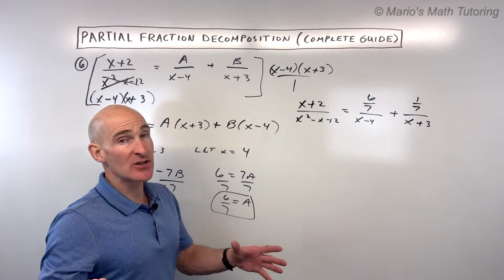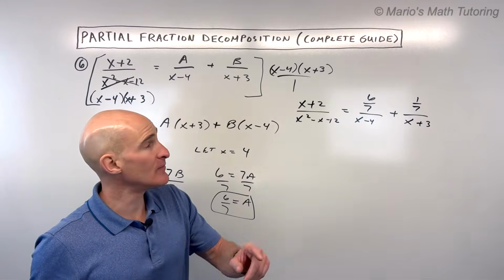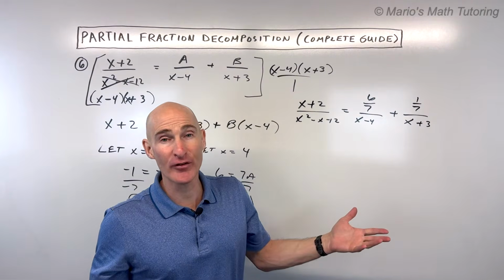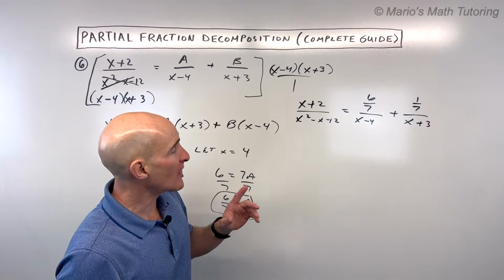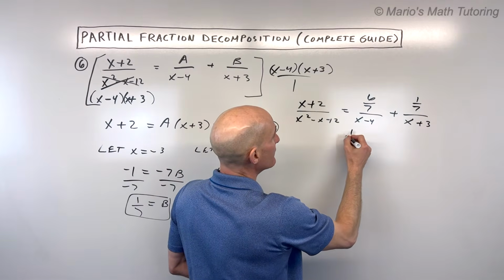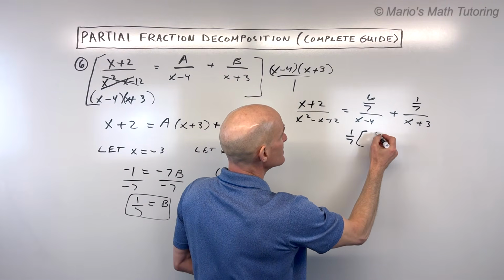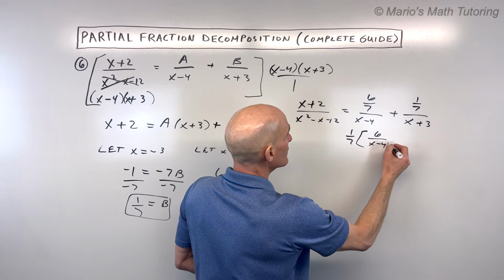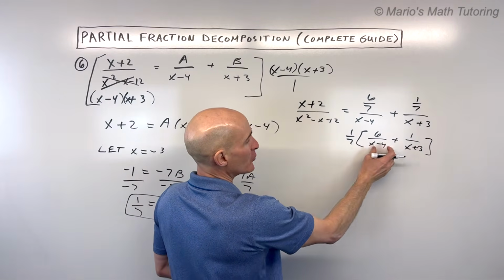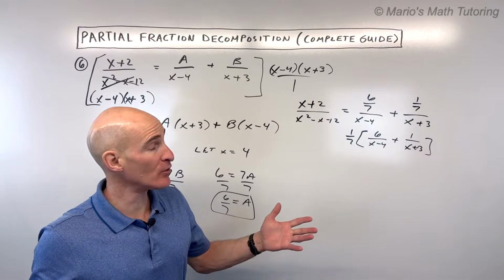That's your answer. Now, some teachers are okay with you leaving it like this, but technically, this is what's considered a complex fraction. You have a fraction inside of another fraction. It's complex, right? So you've got a couple different options. One option is you could factor out a 1/7 like this. See how I factored that out? Now you don't have the complex fraction. That's one option. Some people like that.